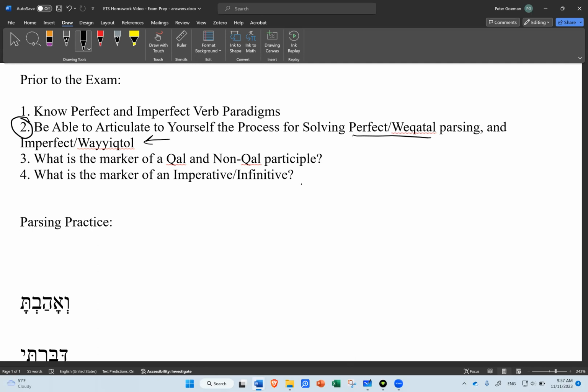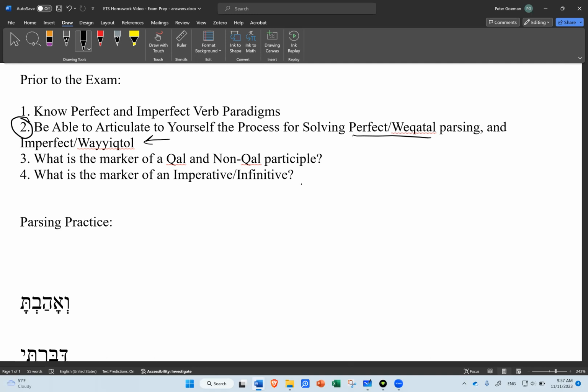The key there is that the perfect is going to match with what it sounds like. So shamar sounds like a qal. That's just basic. Nishmar, because of the ni at the beginning, is going to be a niphal.